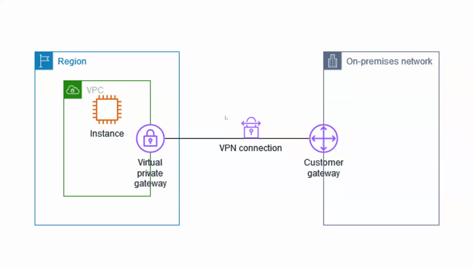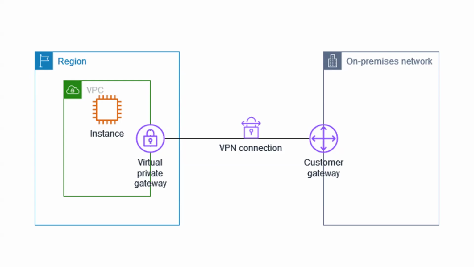In order to do so, we will need to set up a site-to-site VPN, and the configuration requires the following things. So first we need to set up a virtual private gateway, or a VGW, inside our VPC.